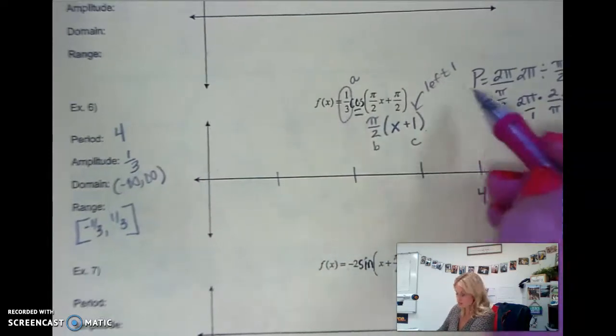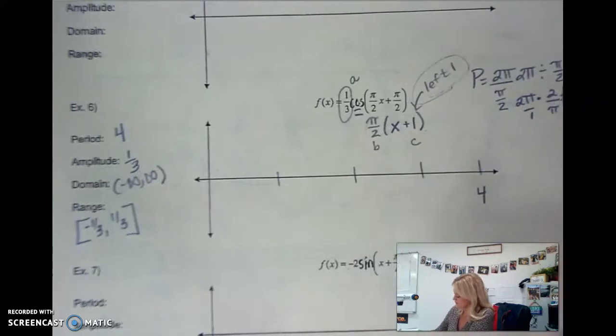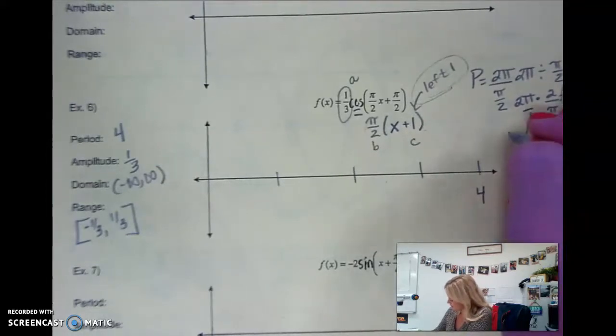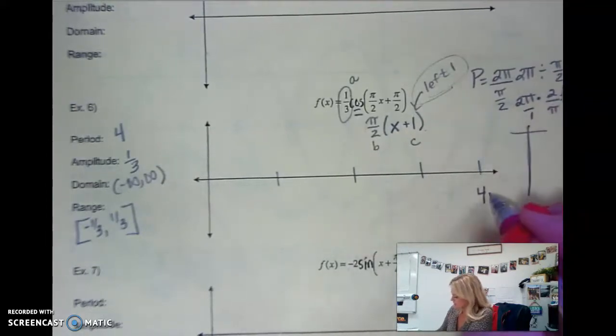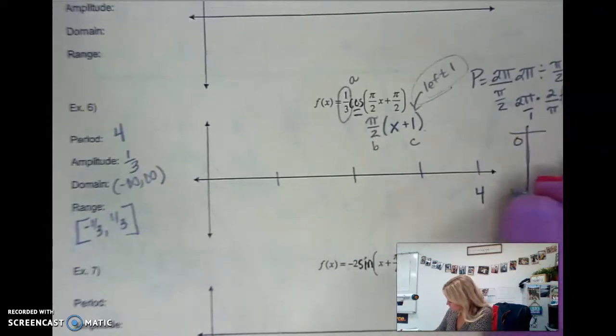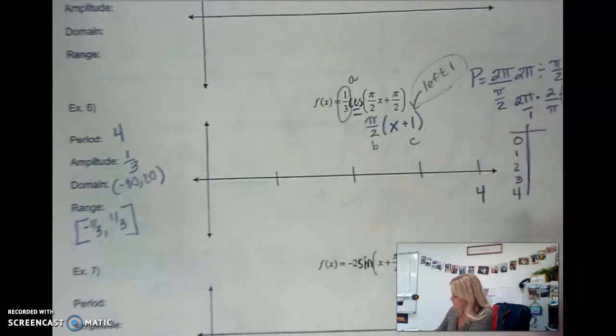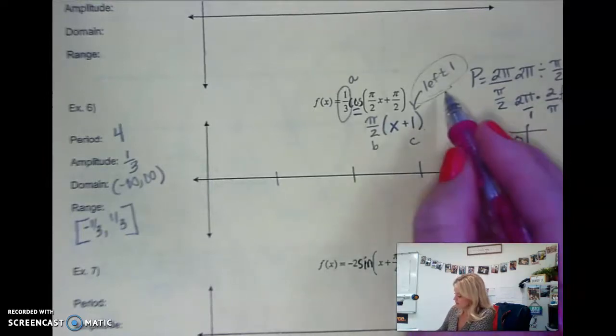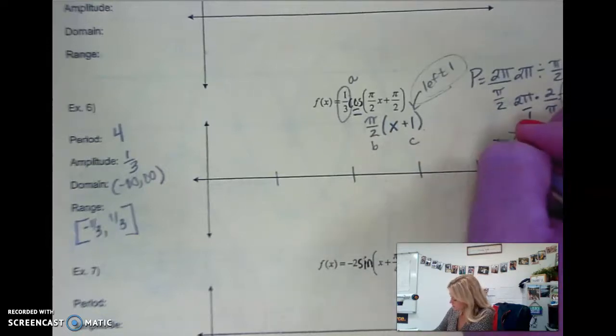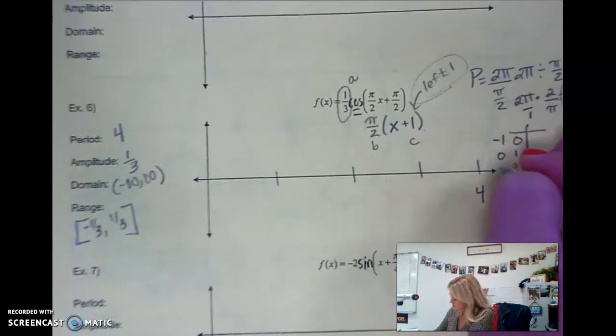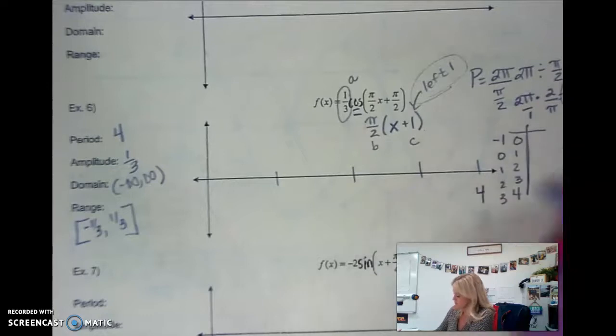However, I'm shifting to the left 1. So if I make my cosine chart, I normally have a period from 0 to 4 this time. However, I'm shifting everything to the left 1. So this is now negative 1, 0, 1, 2, and 3.